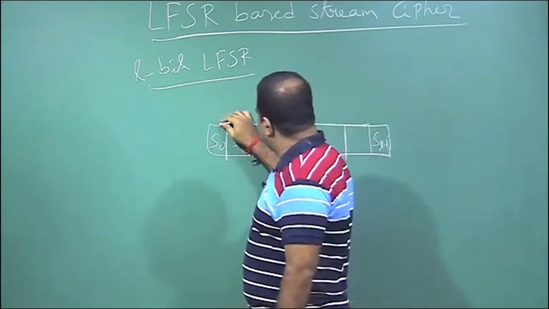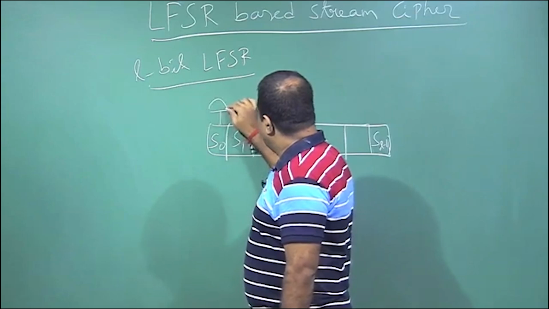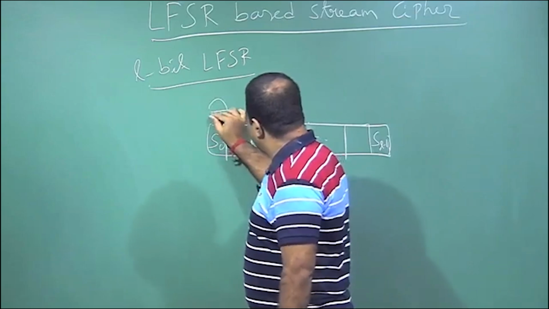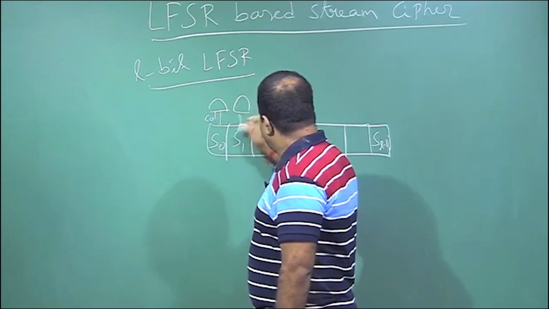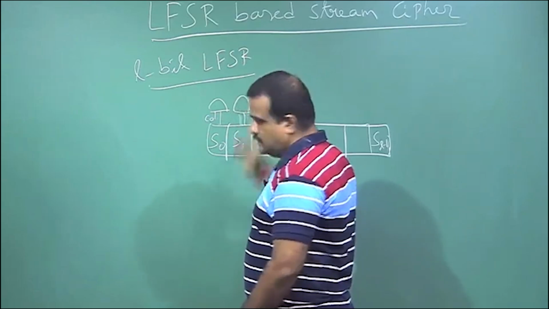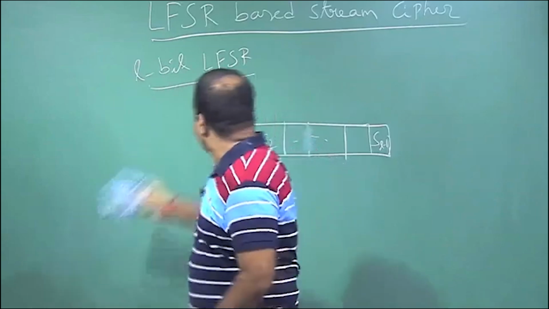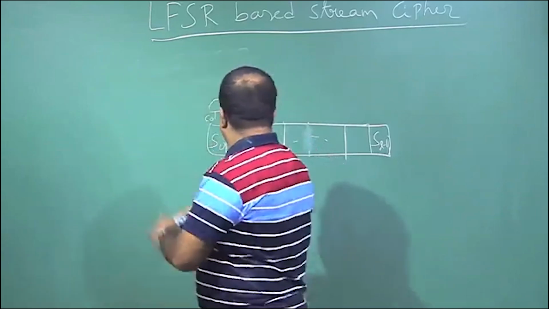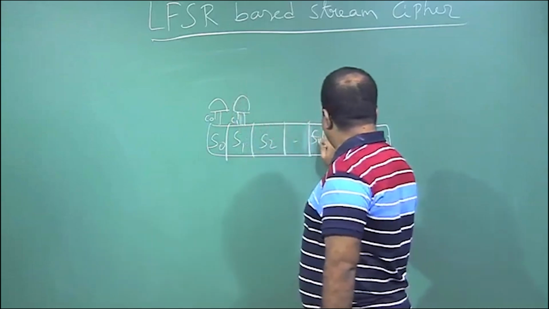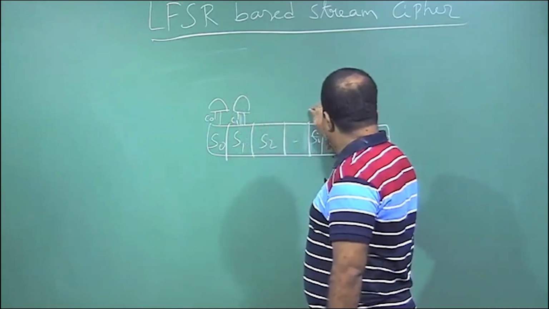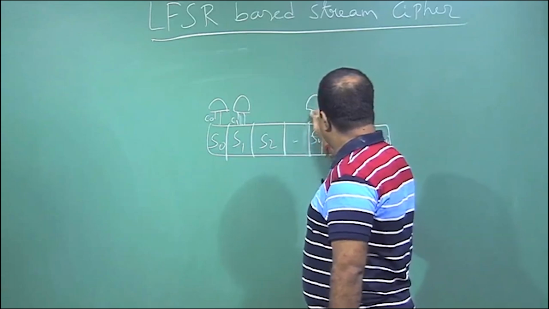Now, each of these goes into an AND gate along with some value, say C0, C1 and so on. If this is Si, then Si is going in along with Ci.